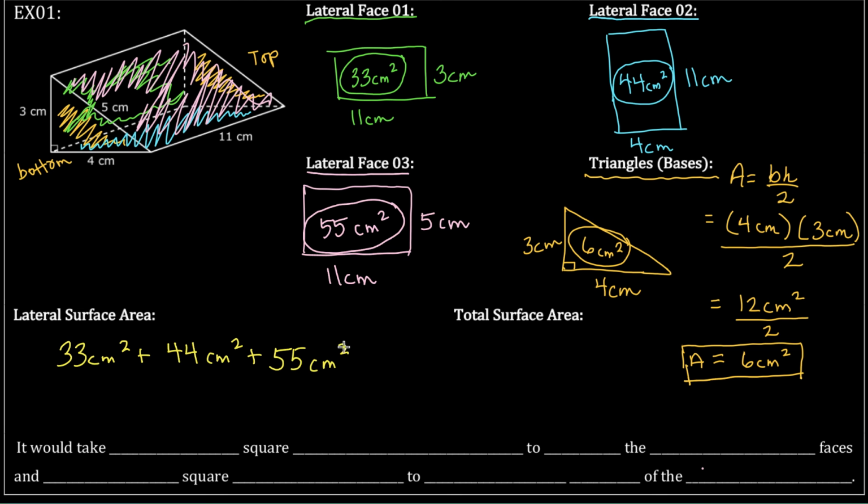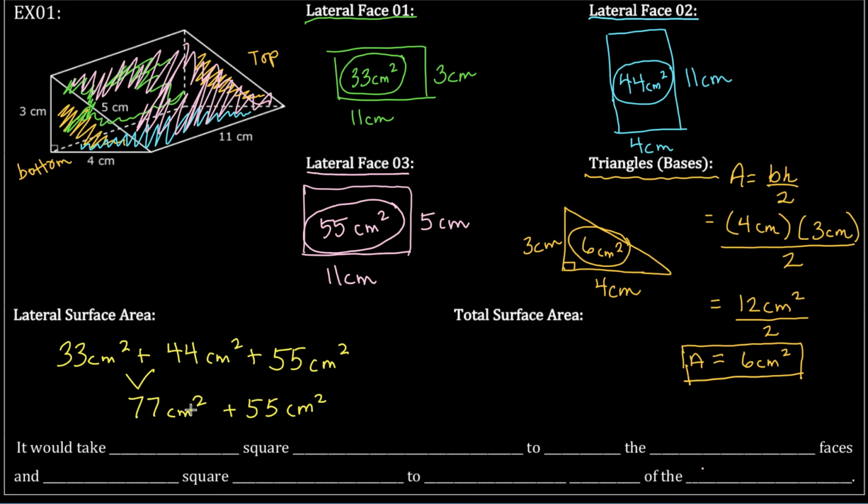Remember, lateral is like the side without the top and the bottom, so we're leaving out the triangle on top and bottom. So 33 plus 44 gives me 77 centimeters squared. And we'll have to add 55 square centimeters.